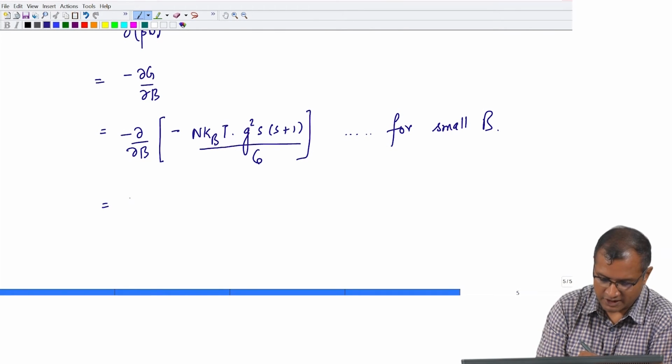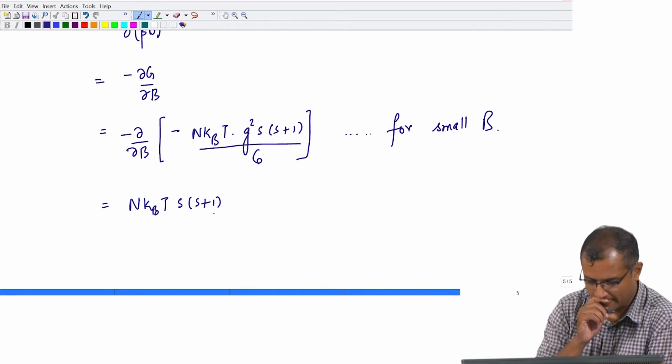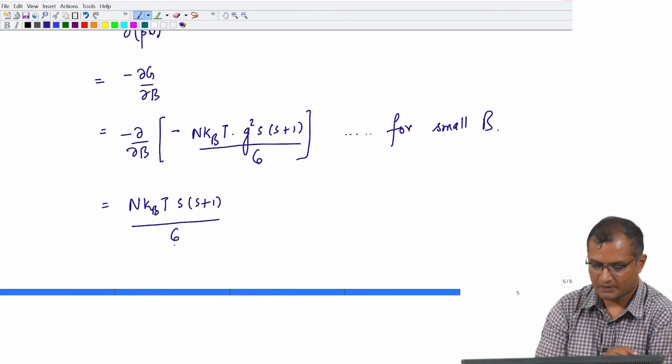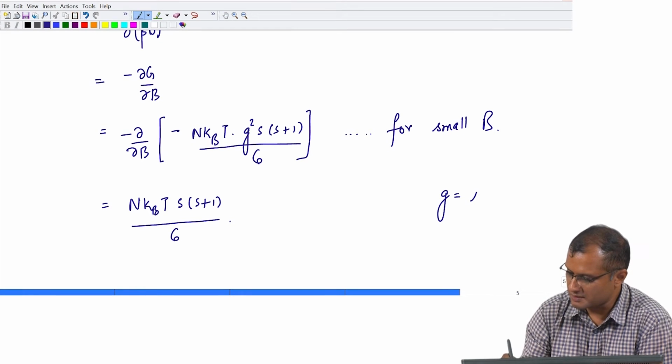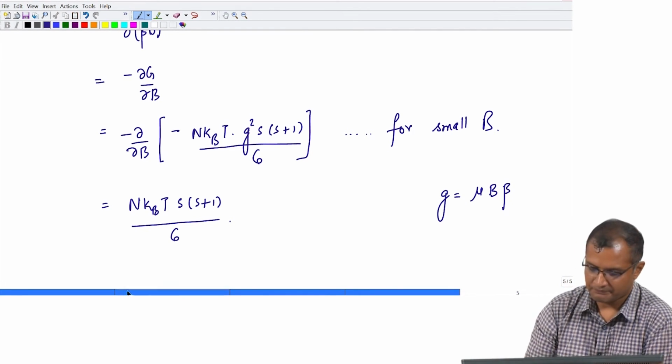So, a lot of things can come out, N k B T into S plus 1, okay, divided by 6, and of course, our g is mu B beta.